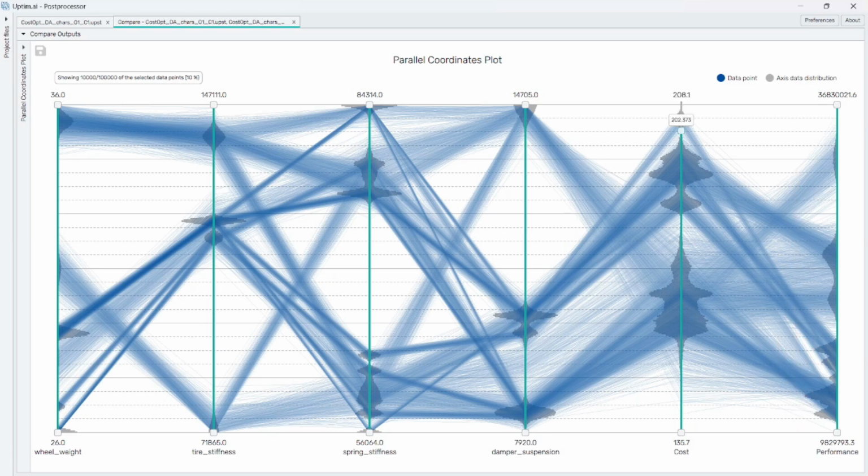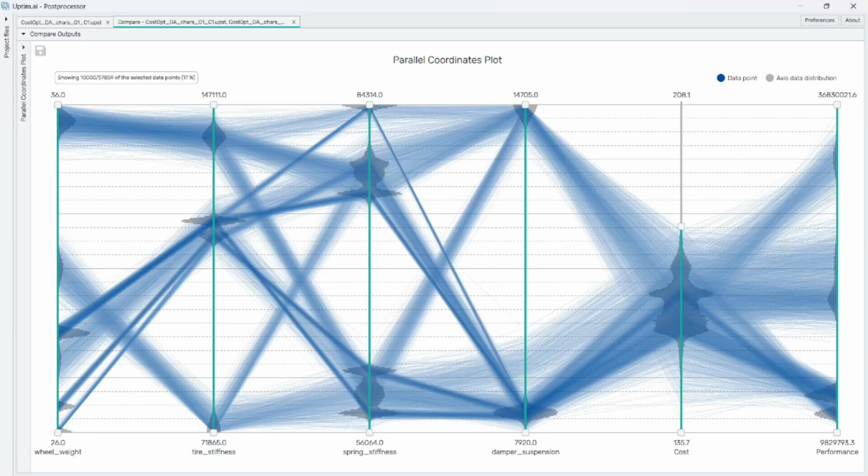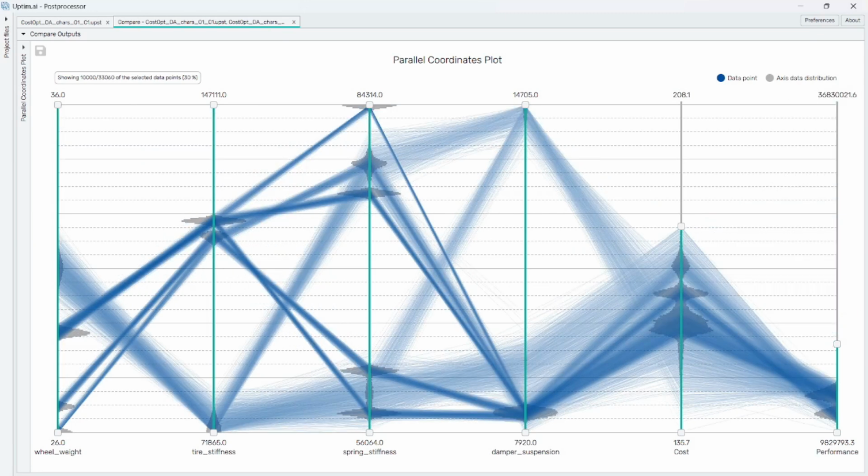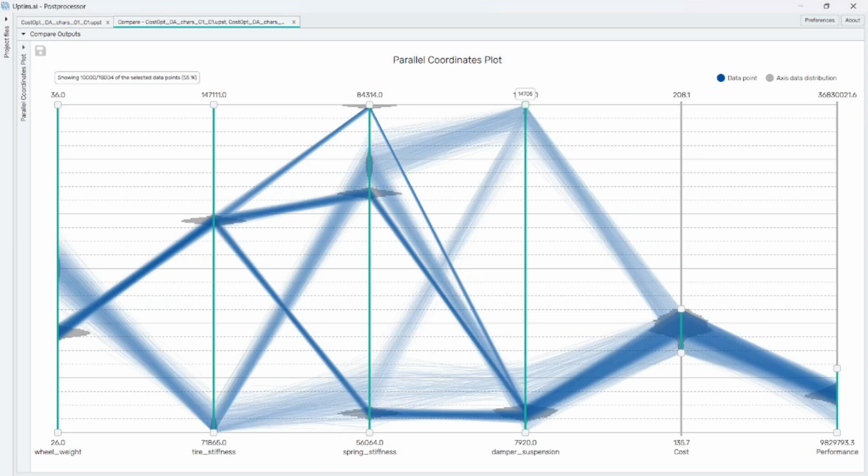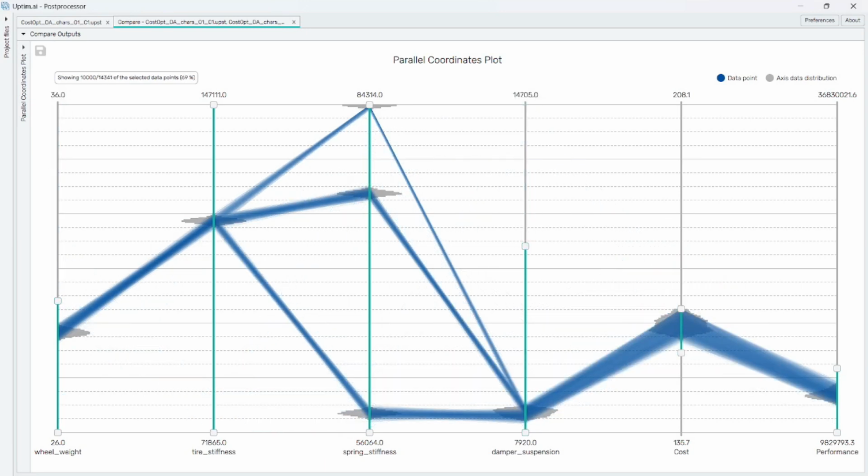Here, we can actually interactively lower those parameters down and start to weed out the groups that are not interesting to us. And immediately we can see that only a couple of intersecting variables actually show us the inputs that produce the lowest costs and the best performance. And if we tighten our parameters even more, we can see the final candidates for our production line.